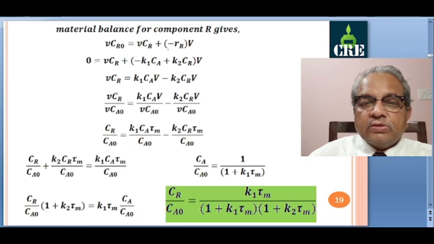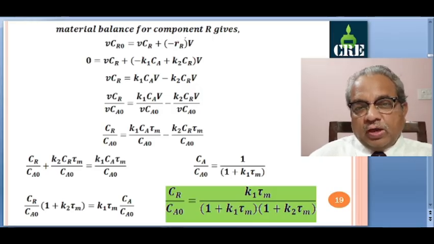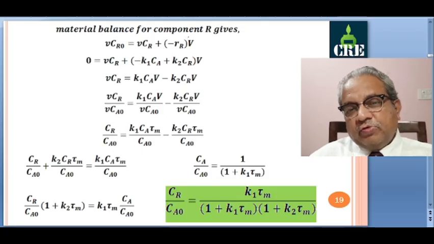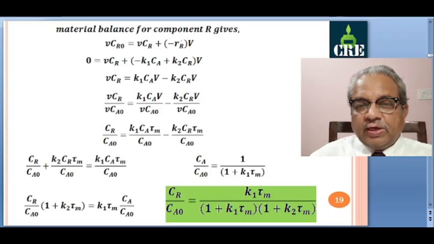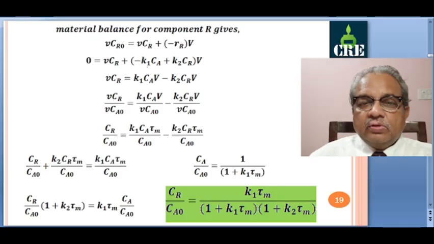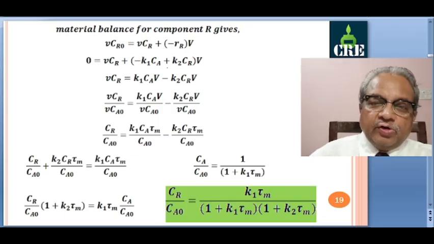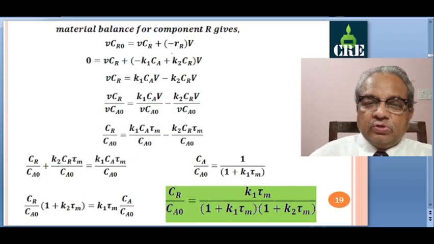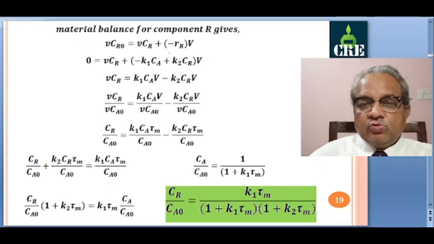This sign is minus because we are considering disappearance. When R is formed it is converted into S, and A is formed from R and it is getting converted into S. So plus rR that we have used earlier is K1 CA minus K2 CR. So minus rR is minus K1 CA plus K2 CR. We are writing balance for component R and we are considering disappearance of R by the reaction.